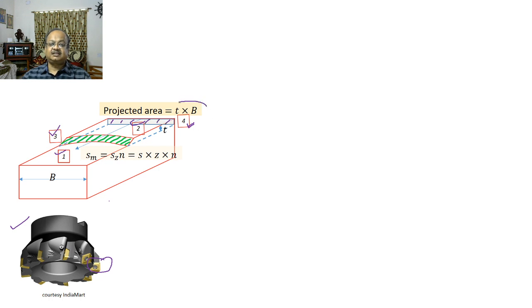This projected area is T into B. Typically using the concept of projected area, we calculate the material removal rate as T into B times SM, where SM is the feed rate or speed with which the work material is being fed towards the cutter.